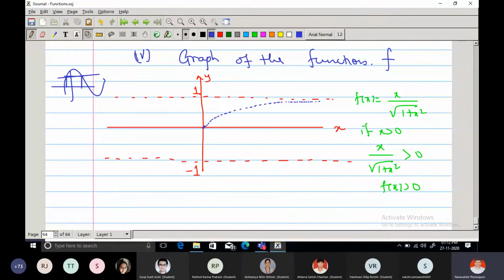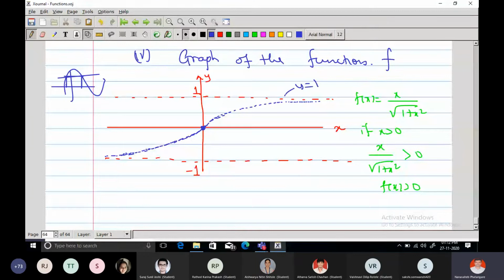At 0 the function is 0. So it is passing through (0,0), and it is going like this because it is positive. On the negative side, the nature is similar. But when will the graph of the function meet the line y equal to 1 or y equal to -1? Do you understand this? This is the line y equal to 1, and this is the line y equal to -1.